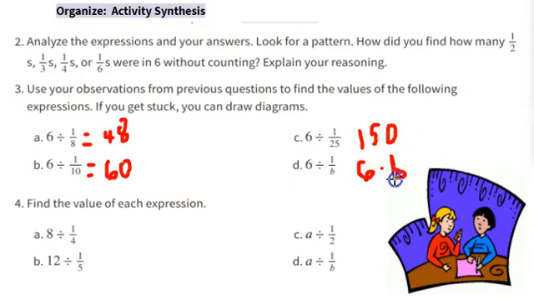But the pattern here is that if you've got 1 over something and you're dividing by it, you're basically multiplying whatever you have as your dividend by whatever is in your denominator.